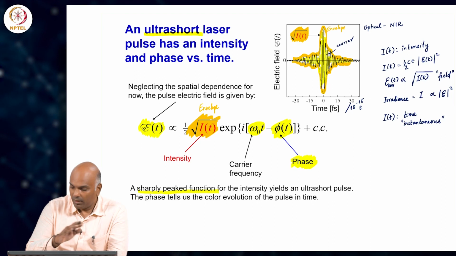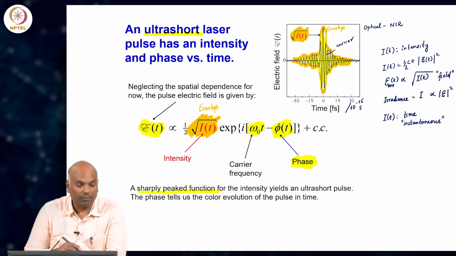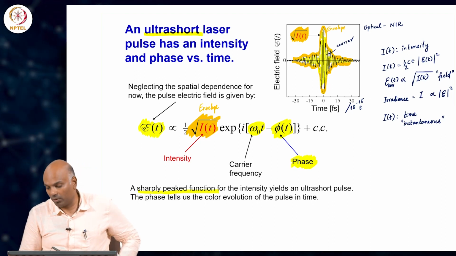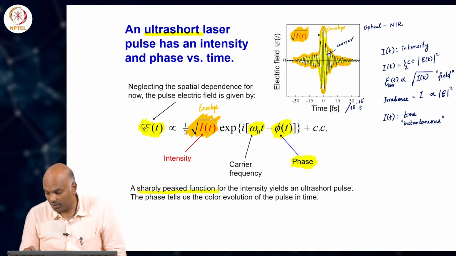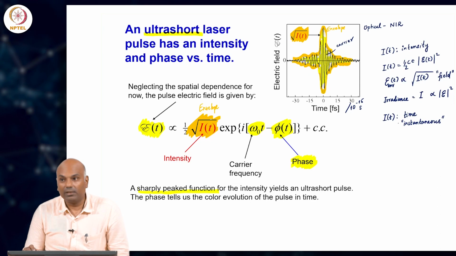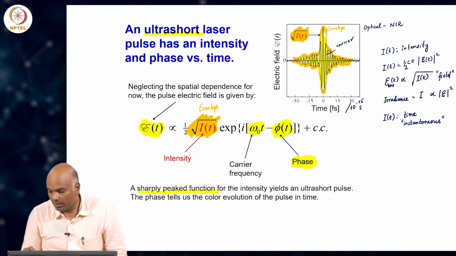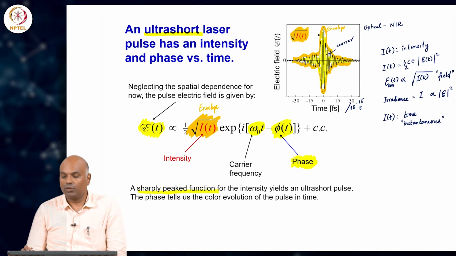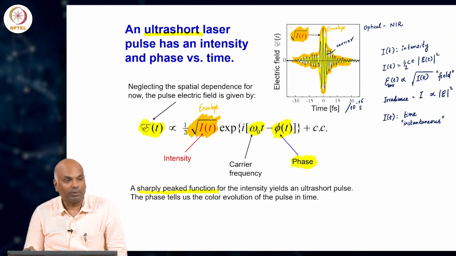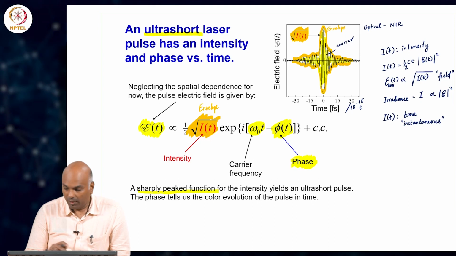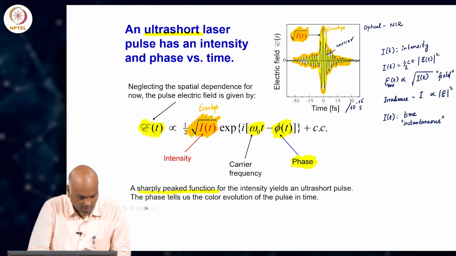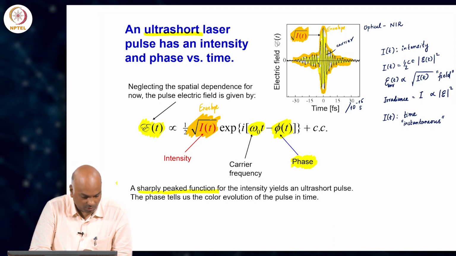If that came as a surprise, ignore it, just please appreciate the fact that intensity is an instantaneous quantity, the way we have described it here as a function of time. Now, it is sufficient to take up this definition of the intensity.